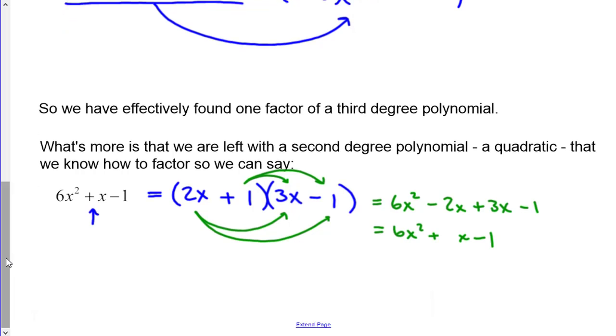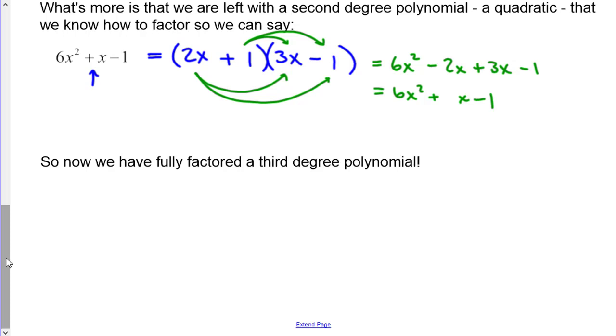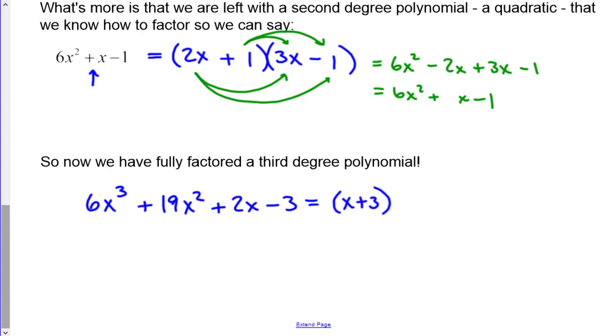Okay, which means we have fully factored a third degree polynomial, because now what I can do is just write it in this form. So I can just write 6x cubed plus 19x squared plus 2x minus 3, which we knew was equal to x plus 3 times 6x squared plus x minus 1.